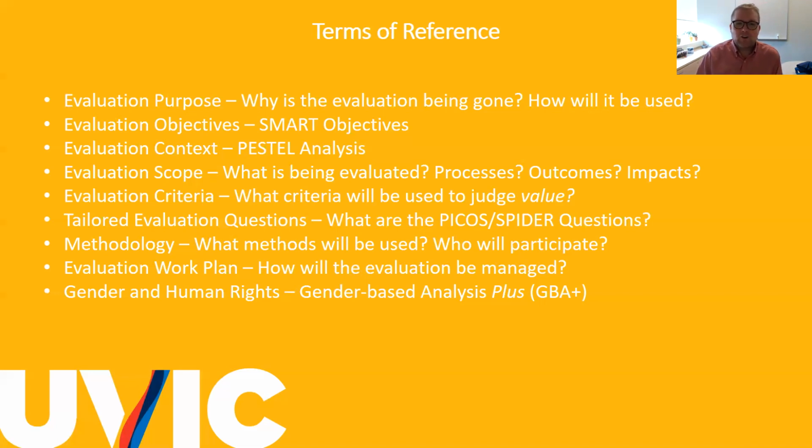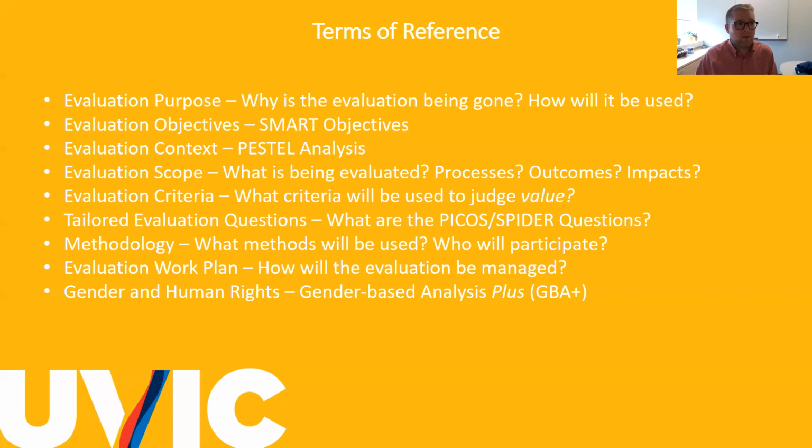And finally, a good addition to terms of reference is considering how this affects people across gender, ethnicity, indigeneity, all of these aspects that are important to gender and human rights, and how those interests will be taken into account. Some of this might be covered in criteria.